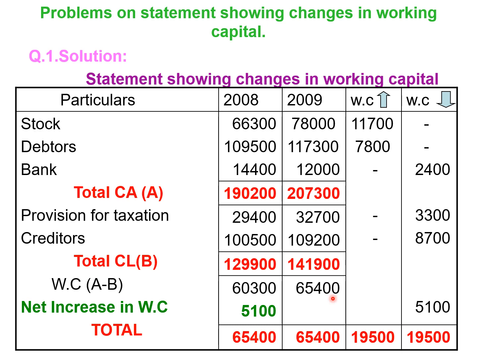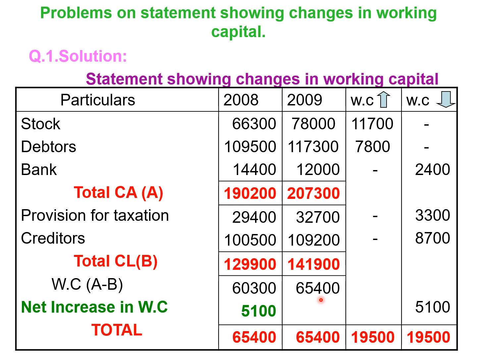You get 65,400. So the working capital formula is CA minus CL. So you get working capital of last year 62,300. Working capital of current year you get 65,400. So compared to last year, current year working capital has increased.